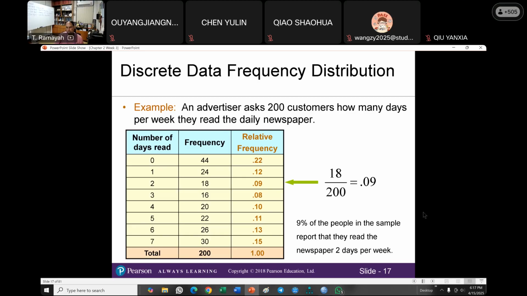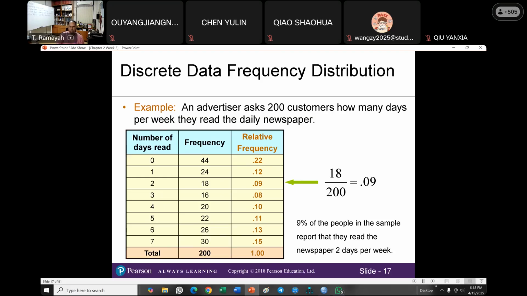Let's say you want to know what percent of the people in the sample read 2 days in a week. It is 9%. Those who read 0 days in a week are 22%, and those who read every day are about 15%. So once you do this, you can convert them into percentages.